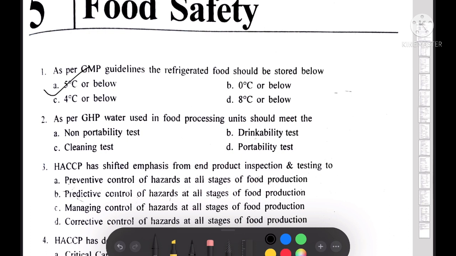Okay, next question. As per GHP, water used in a food processing unit should meet the non-portability test, drinkability test, cleaning test, or portability test. So as per the GHP, water used in a food processing unit should meet the portability test.